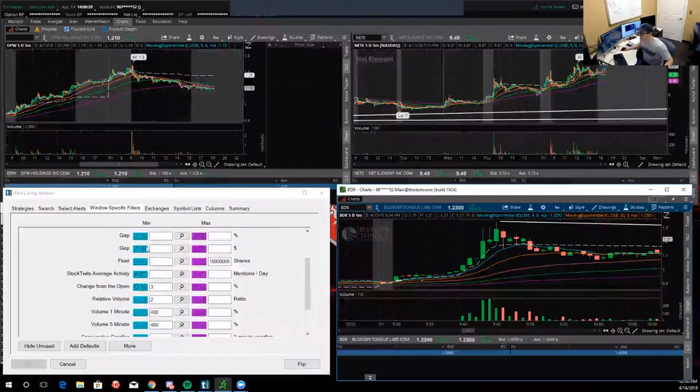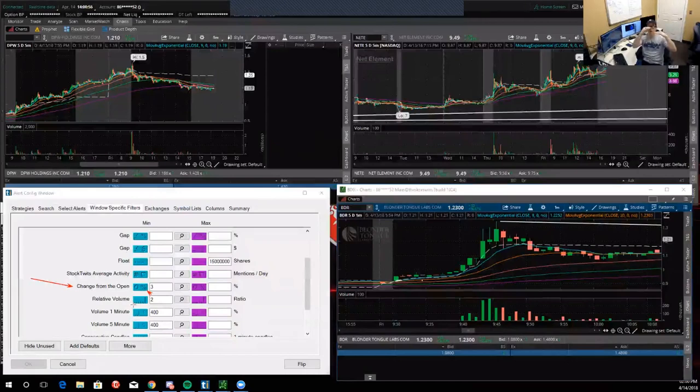So the next thing we come down to after float on the scanner is percent change, or change from open. If you look here, you have a little percent sign. That's percent change from open. So what the scanner is also looking for is stocks that are up at least 3% on the day from their opening price. So 9:30, bell rings, the stock was, you know, $1, that pops up a few pennies.